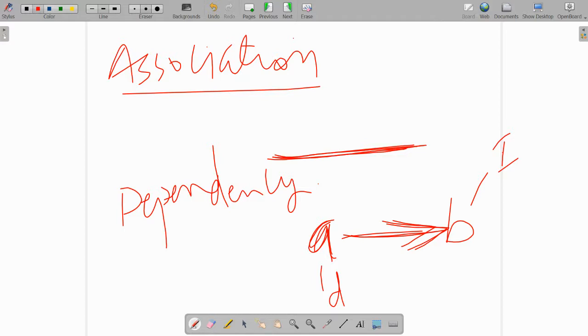This dependency can also be interpreted as: whatever changes happen in B will be accordingly reflected in A. Since A depends on B, whatever changes happen in B, there will be corresponding changes in A also. That relationship we can show by the arrow.